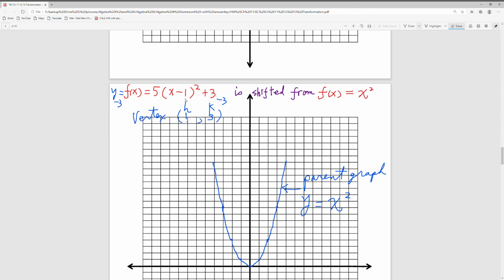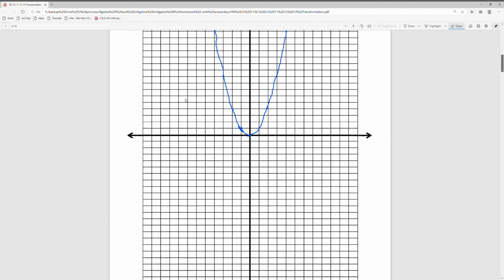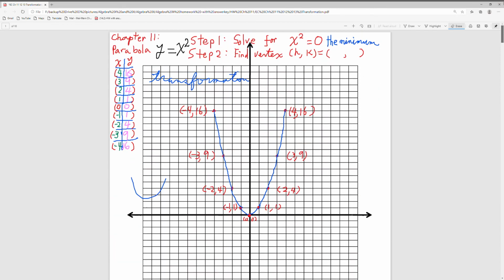So I'm going to keep going and talk about more concepts. Let's go back to the first page. I have graphed the parent graph for you. We call this the basic graph, or parent graph.